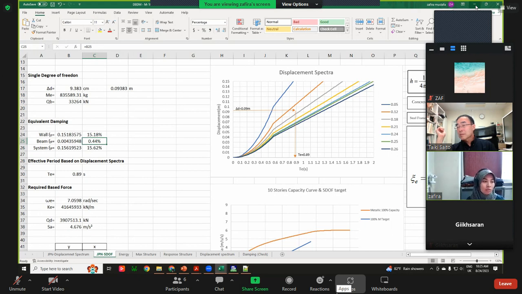Then we tried to increase to 700 thickness, and the story drift can be reduced to less than the limit. So if 500 might be too strong for a 10 story, is it possible for 15 story to increase the thickness of the wall, or should we maintain 500 thickness?